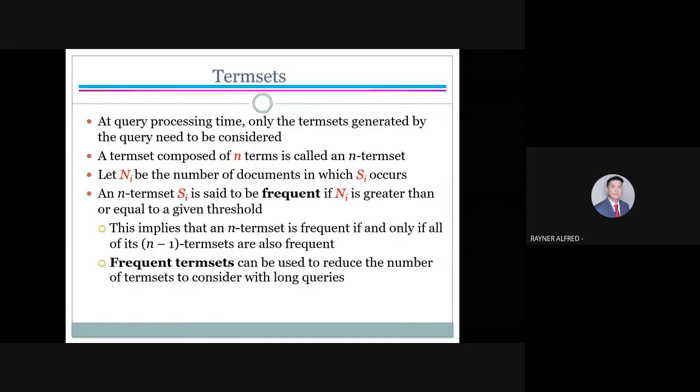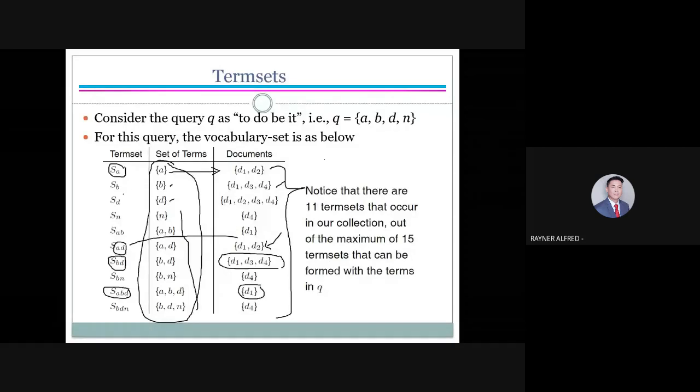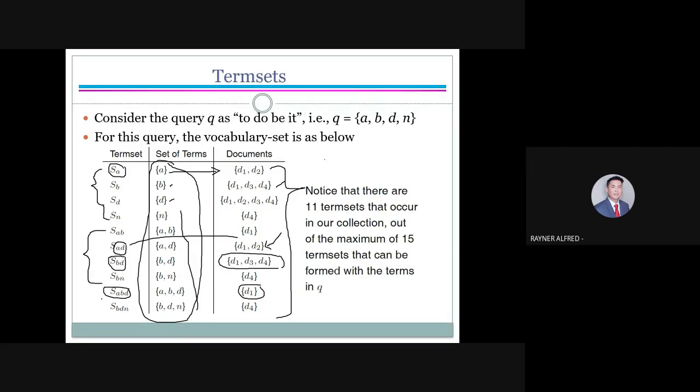So now we are looking at this. Based on the sequence that we have, we say this is one term set, and this is what we call two term set, and this is three.